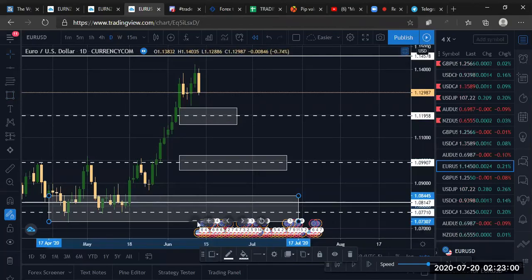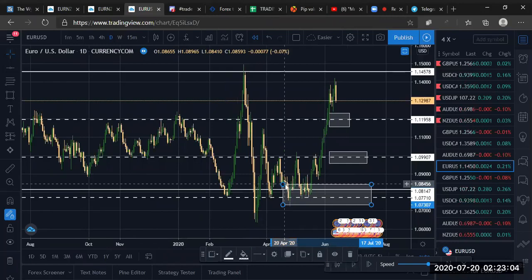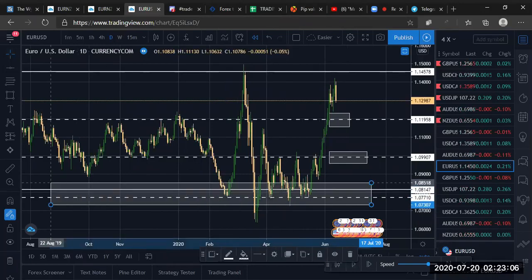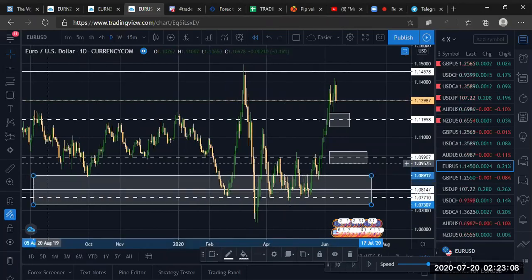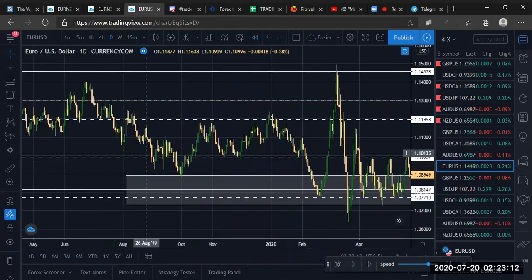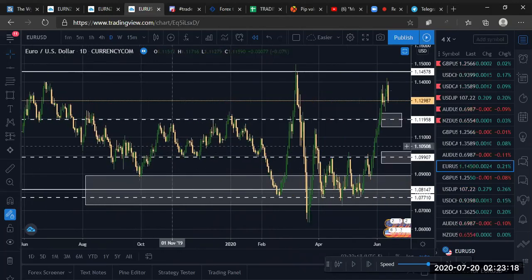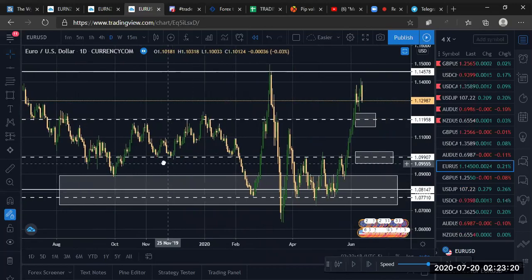And if you run that zone back in time, along with the support and resistance lines, you can see just how much rejection. Zones tell you a better story than actual support and resistance lines. So you see price coming down, rejection off that little zone, came in here.